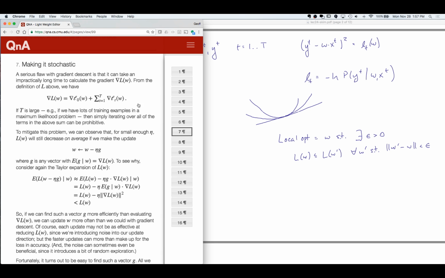And if big T is large, meaning that we have a ton of terms, for example, a lot of training examples in maximum likelihood or in linear regression, then just iterating over all of these terms to calculate the gradient could take a prohibitively long time. And so to mitigate this problem, we go to stochastic gradient descent.